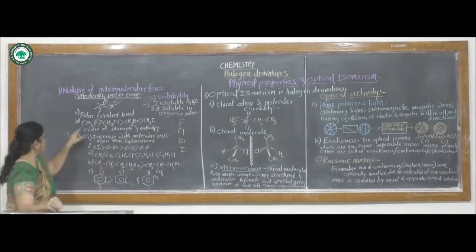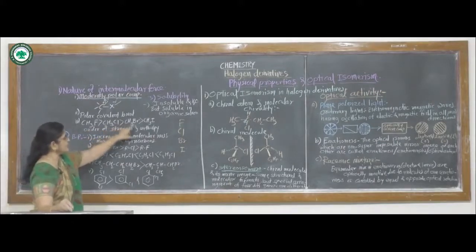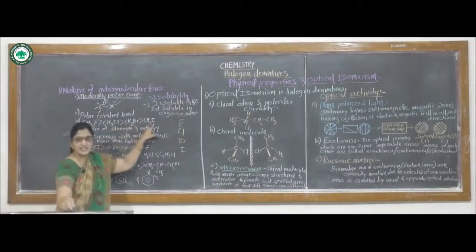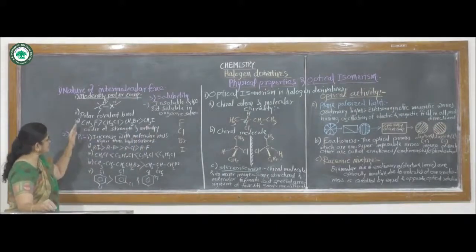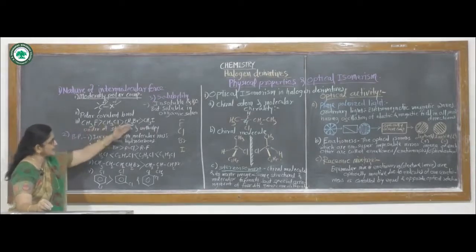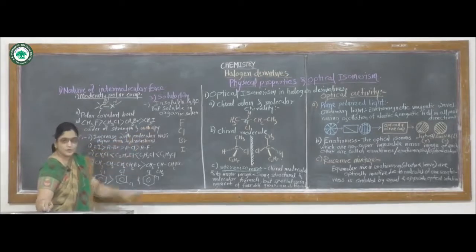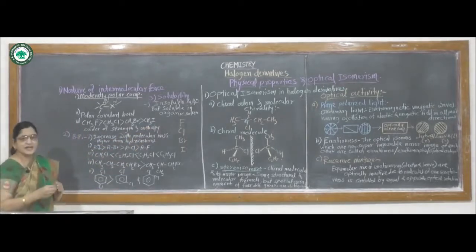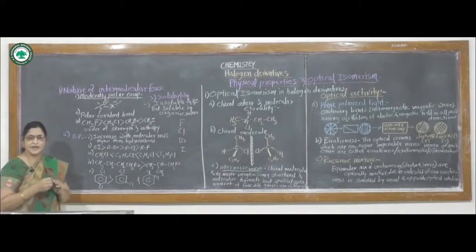That means CH3F is greater than CH3Cl, which is greater than CH3Br, which is greater than CH3I. That means the order of bond strength and enthalpy goes on decreasing from CH3F to CH3I due to increasing atomic size and bond length.